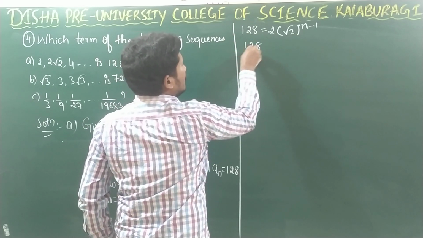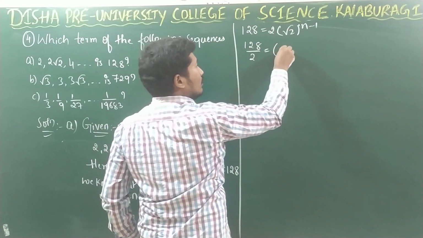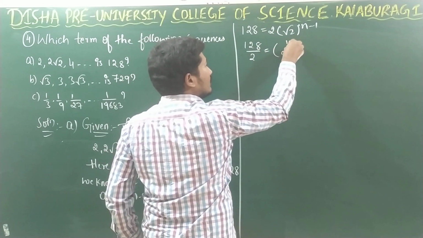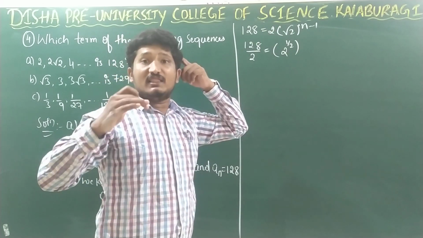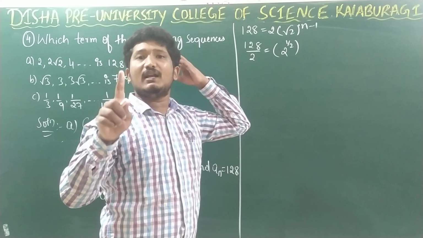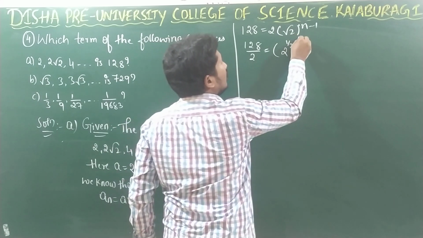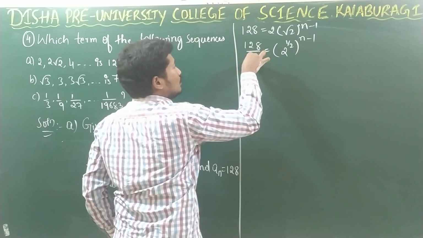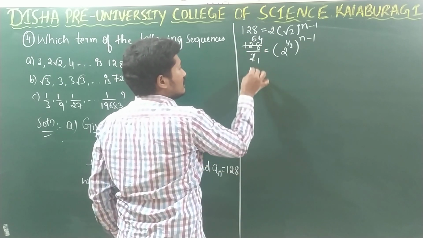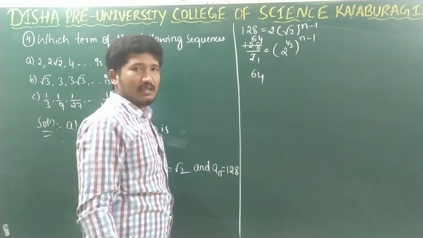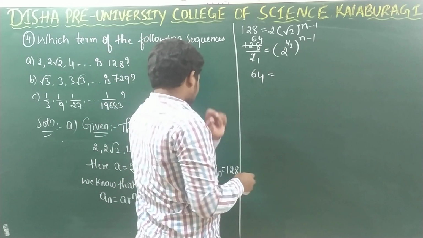So it will be 128 divided by 2 is equal to, root 2 can also be written as 2 power 1 by 2. Square root of 2 is nothing but 2 power 1 by 2. So whole power n minus 1. 128 divided by 2 gives 64, is equal to, observe this.